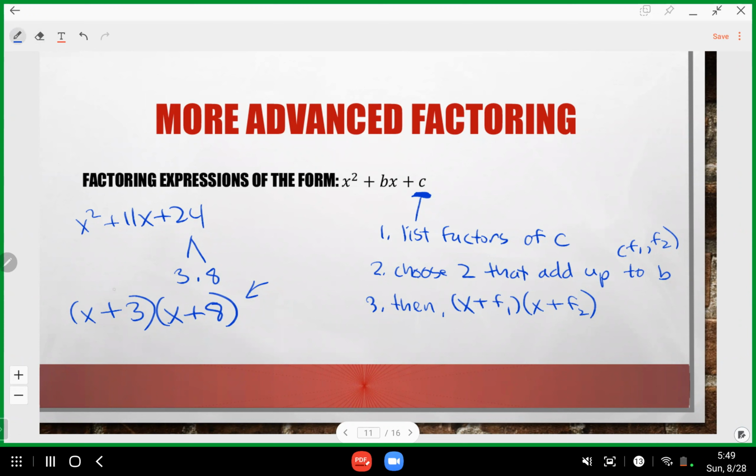It's quite easy. You multiply the x with both of these terms on the right, and then multiply the 3 with both of these terms on the right, and then you get x squared plus 11x plus 24. So not only will we be learning how to factor, we'll also be learning how to multiply as a byproduct. But multiplying is pretty trivial, so it's pretty easy to learn.